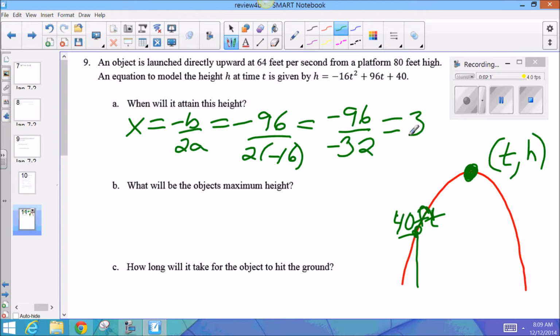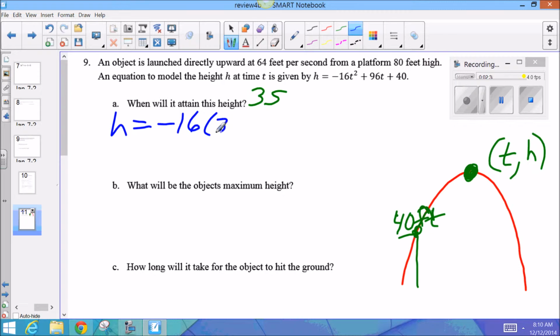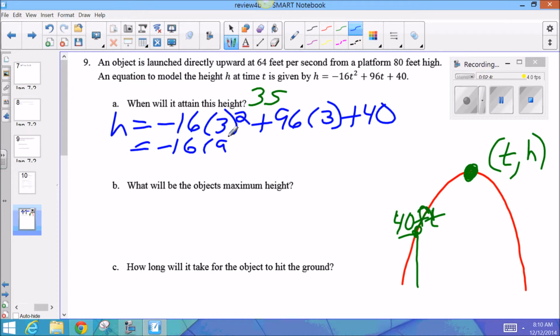So let me just write 3 seconds here, and I'm going to erase to make more room. Okay. Now what I'm going to do is I'm going to plug 3 in for time. So h equals negative 16 times 3 squared plus 96 times 3 plus 40. That's negative 16 times 9 plus 96 times 3 plus 40.